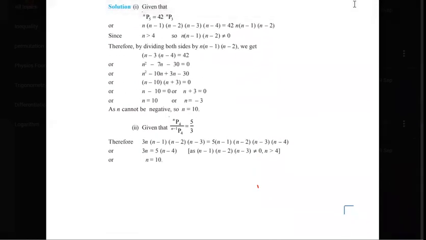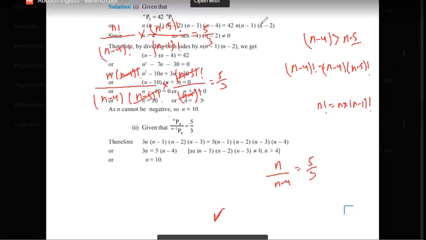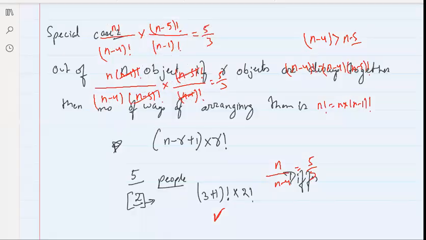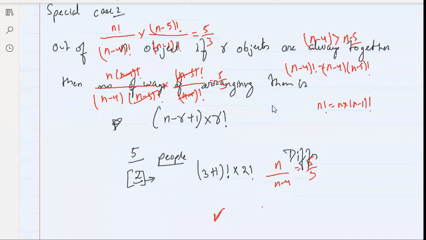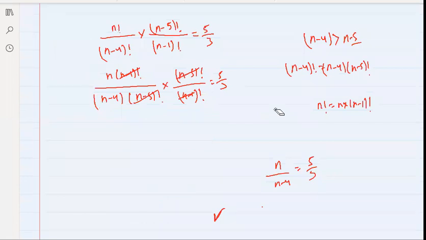So 3n is equal to 5 into (n minus 4). Wait, I'll just show you. See this: n factorial can be written as n into (n minus 1) factorial.